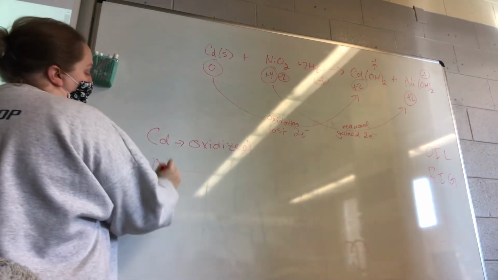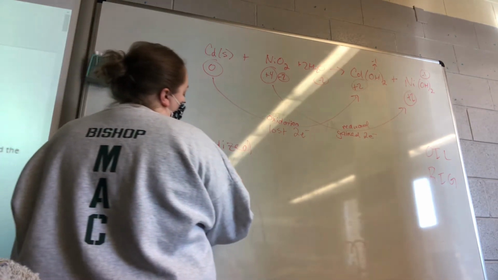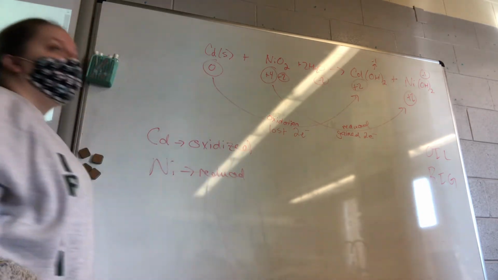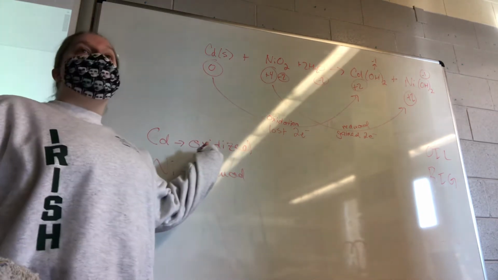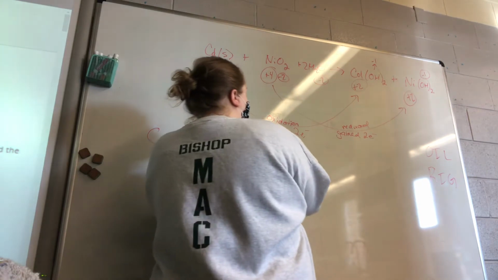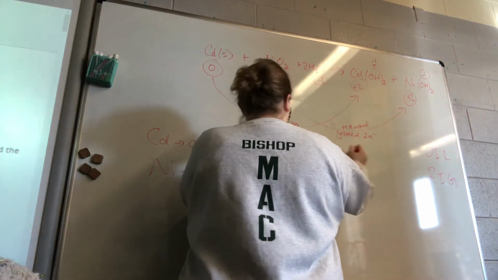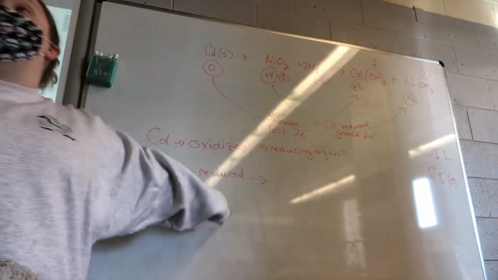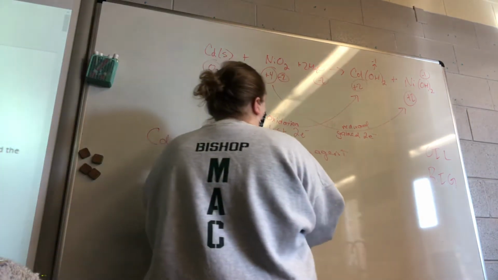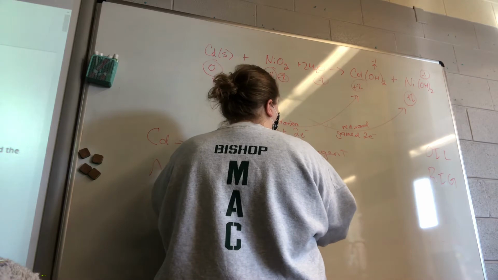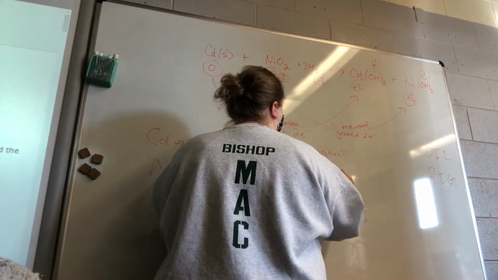We would say nickel was reduced. Because cadmium was oxidized, it was the reducing agent. Because nickel was reduced, it was the oxidizing agent. Remember, those are inversely related.